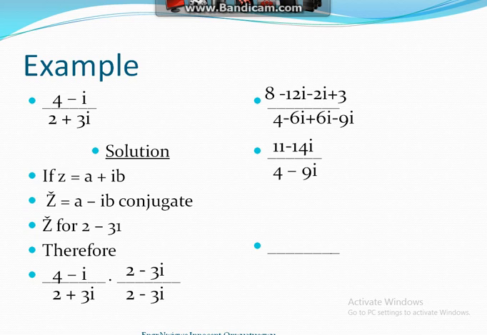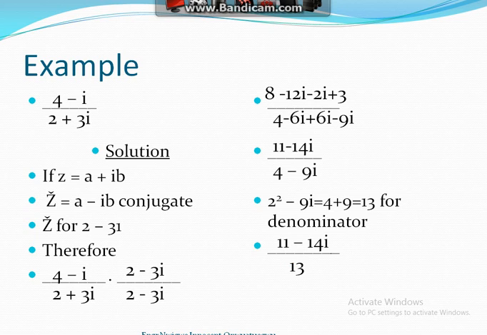Therefore, the denominator will be 2 squared minus 9i squared, which is the same thing as 4 plus 9, giving us 13 for the denominator. Therefore, 5 minus 14i all over 13 will be our answer.